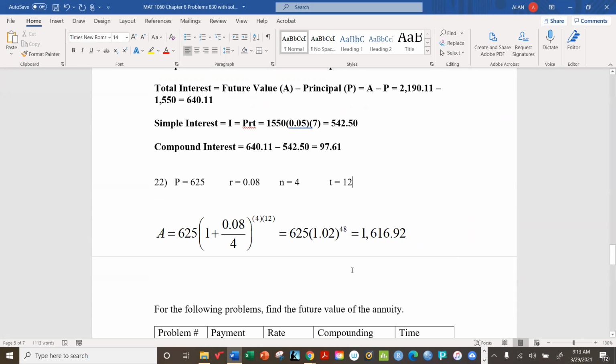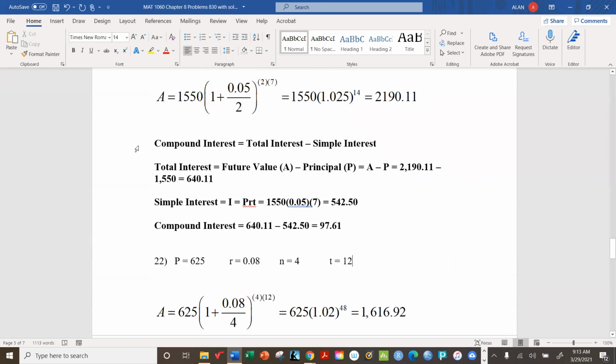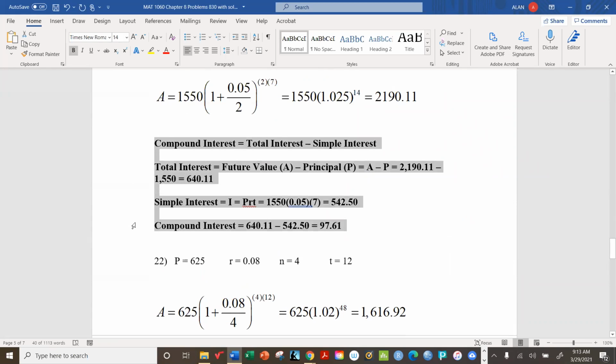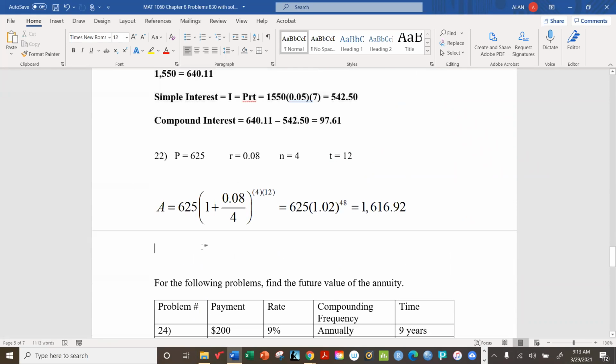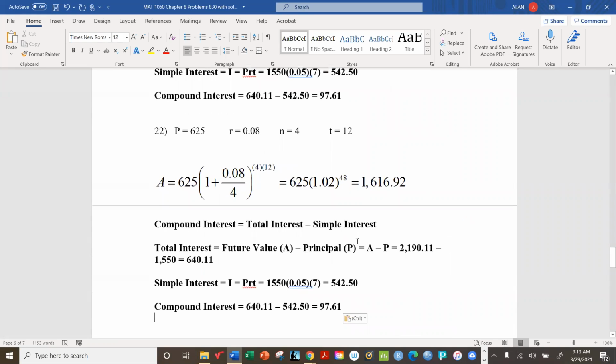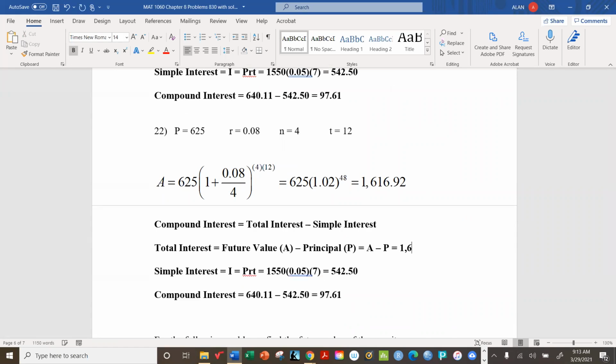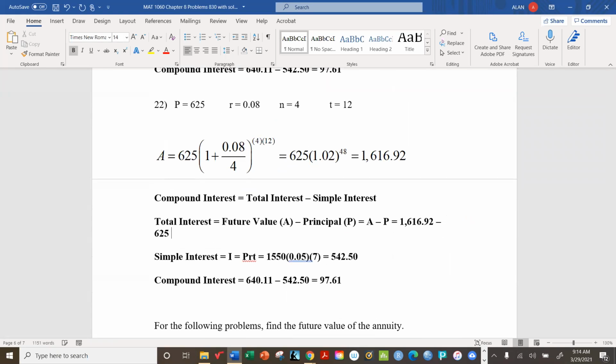Now, what about the rest of it? All right, so we have the future value 1616.92. The principal is 625. So that means we end up with 991.92 for our total interest.